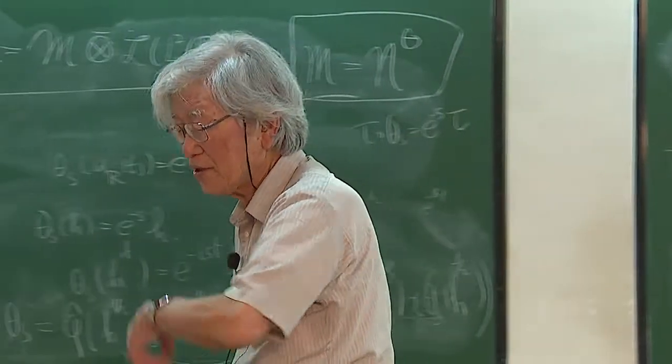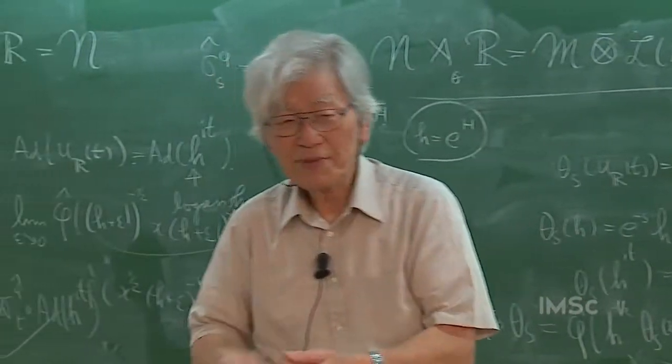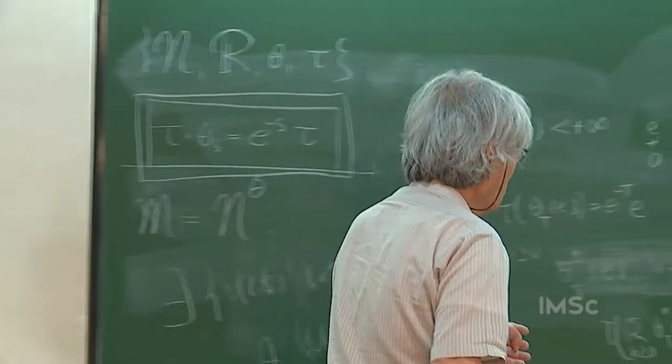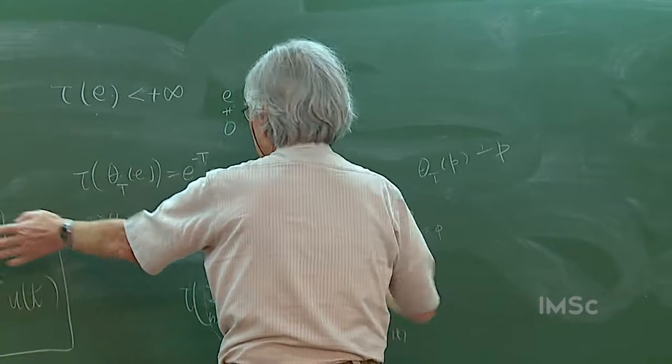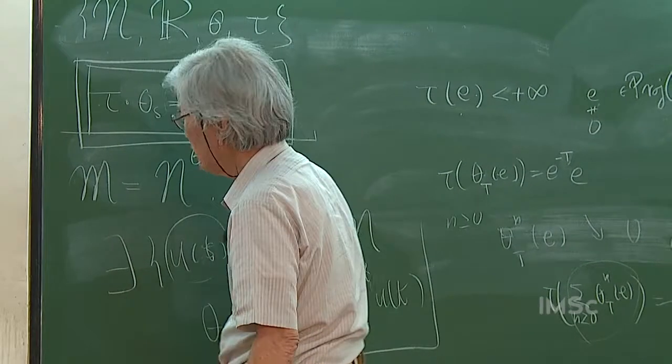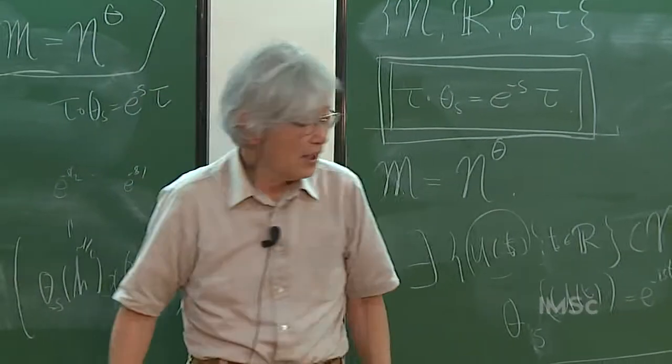So you can then find the spectral measures within n, which transform by this theta nicely, and then you generate a one-parameter unitary group.